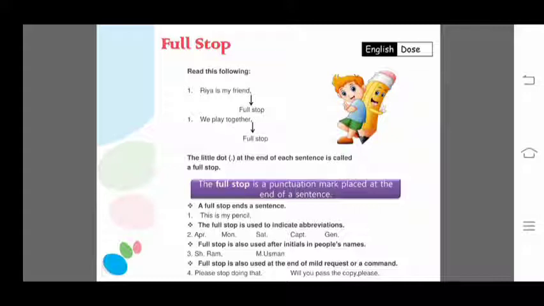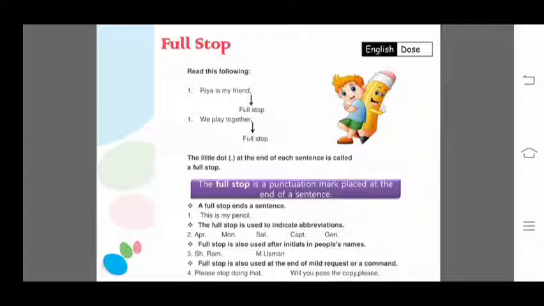So the full stop plays a very important role in our writing. If we do not use a full stop, what may happen? We may not understand what the sentence is about, what the paragraph is about, where the sentence begins and where the sentence ends. So full stop is very important in our writing.